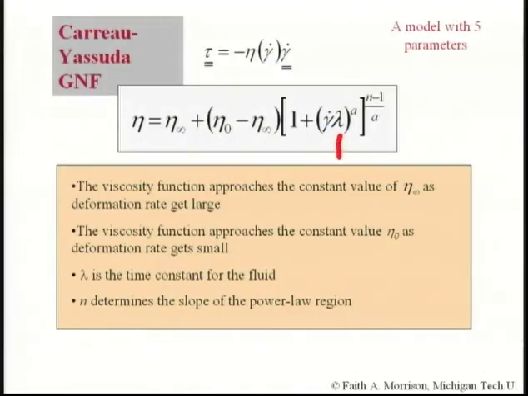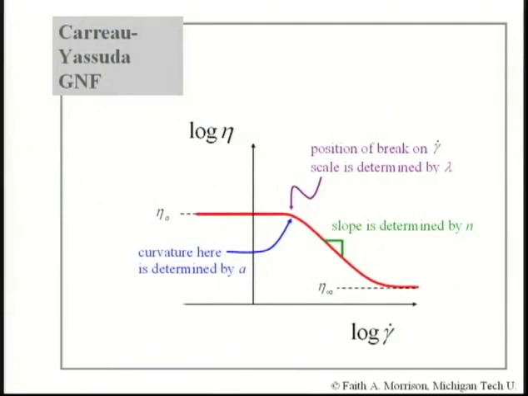The lambda parameter determines where the curve decides to start thinning. And n, just like in the power law model, determines how steep the slope is here.